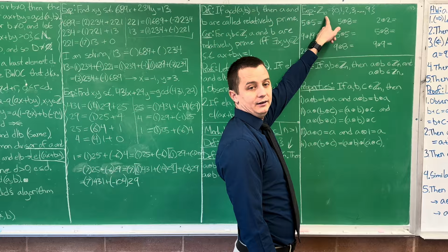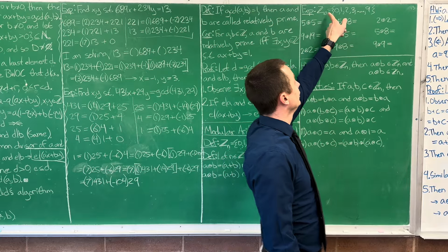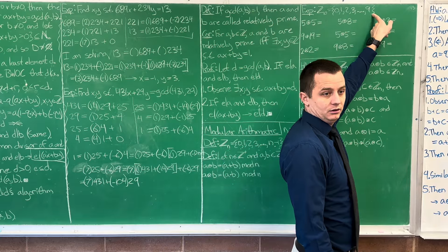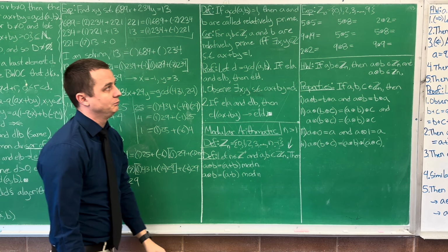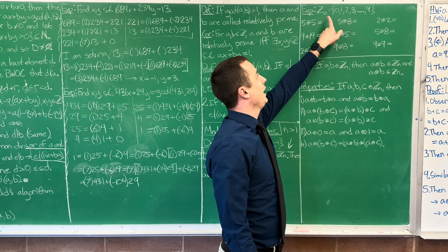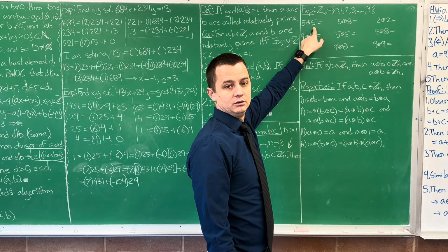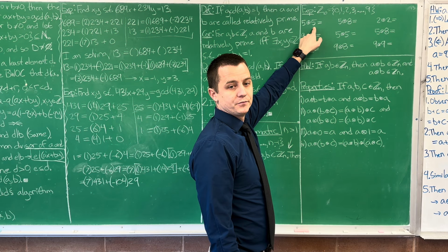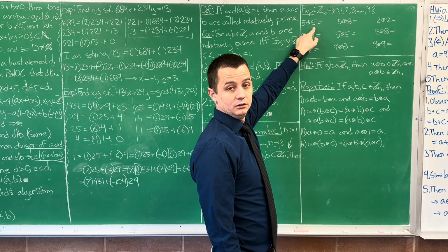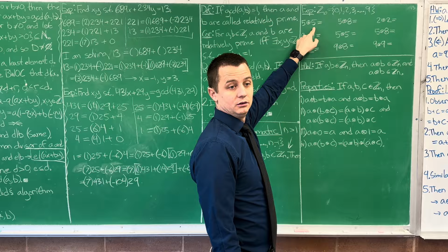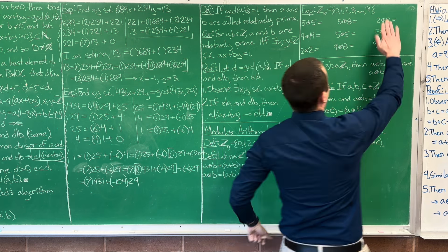So let's look at Z sub 10. It's all the numbers 0 through 9. So there's the set we're talking about. We have these two operations now defined on a set, plus and times. So question, in this set, what is 5 plus 5? 10 mod 10 is 0.